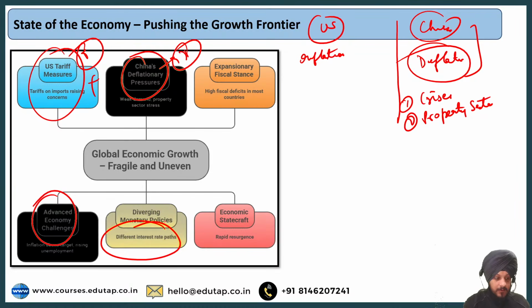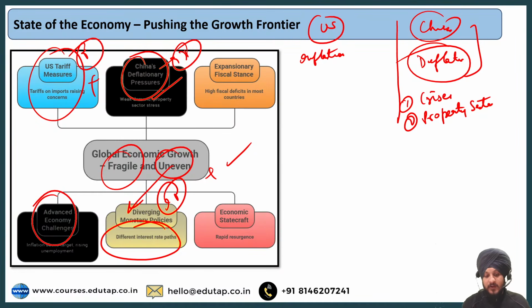Somewhere the interest rate would be increasing, and in other countries like China, there could be variation, there could be divergence with respect to the interest rates. And this is another factor highlighting the fragility and the unevenness of economic growth across different economies. So that is another important point.